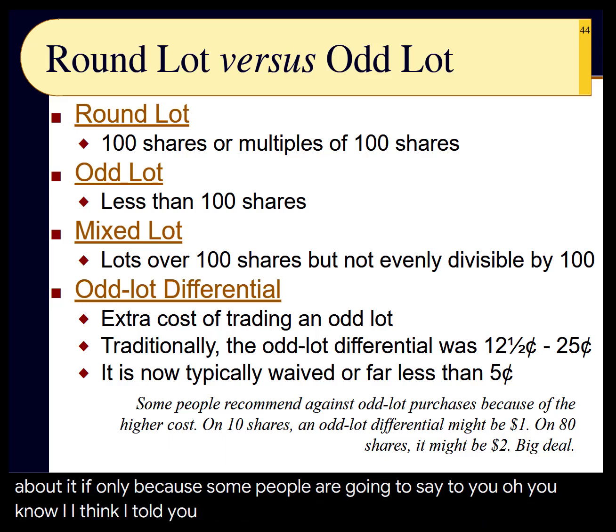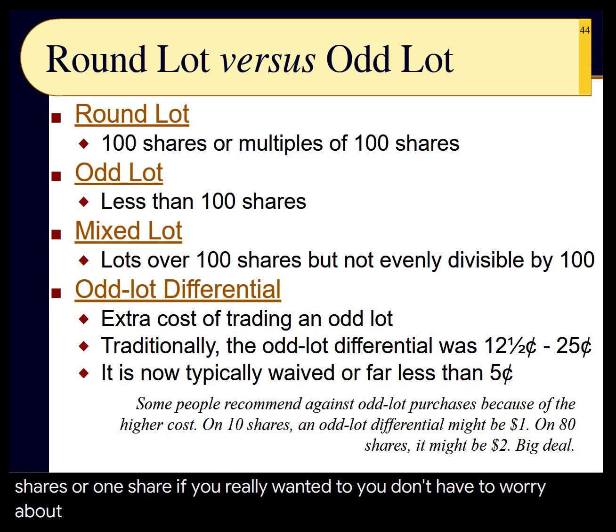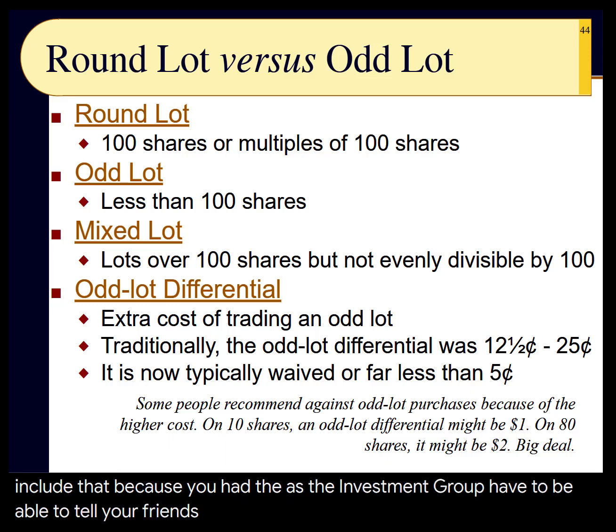No, that's old news. That's old history. You can buy 17 shares or 3 shares or 1 share if you really wanted to. You don't have to worry about buying 100 shares. That's the only reason we even include that, because you, as the investment guru, have to be able to tell your friends, no, don't worry about that anymore.